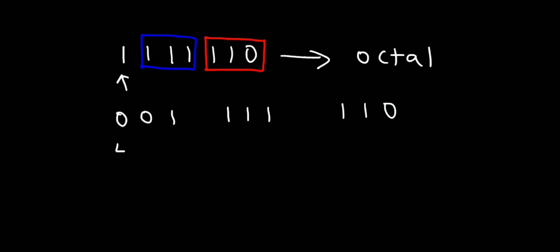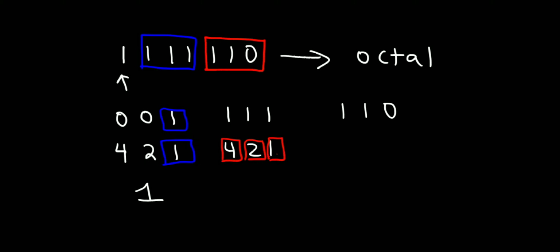Now 1 2 4, yes, and in this case also we will consider only 1 because the rest 2 are zeros. Now 4 2 1 here, so all the 3 will be considered because all are 1 in this case, so this will be 7.